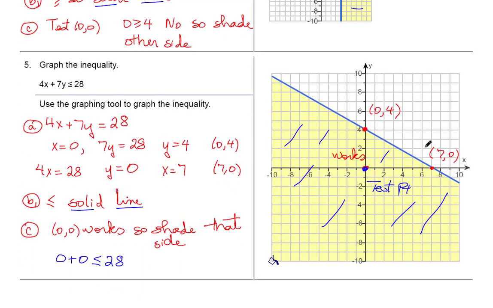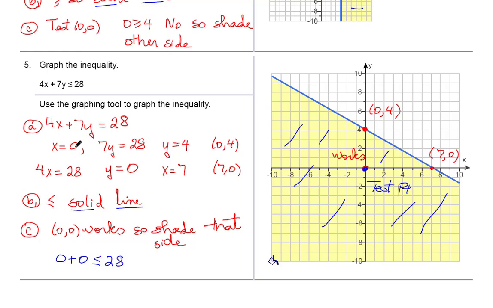All right, what about question 5 here? Let's see. First off, it's going to be a solid line. I need to graph the line itself. Now, the easiest is to graph the x and y intercepts if possible.